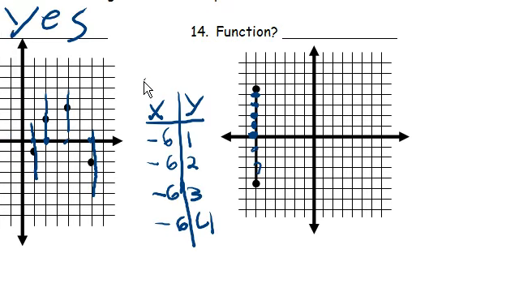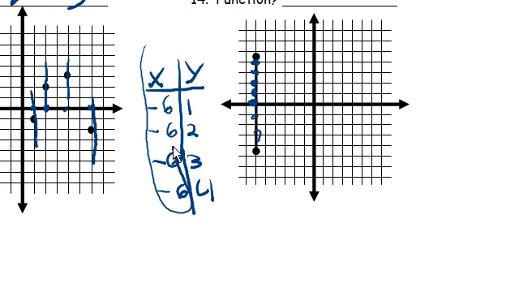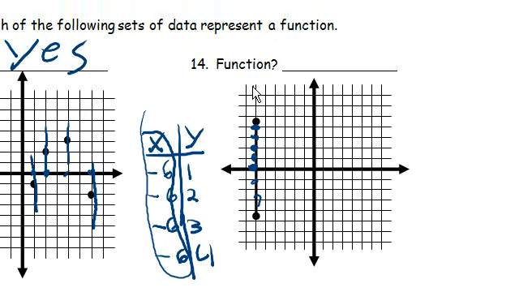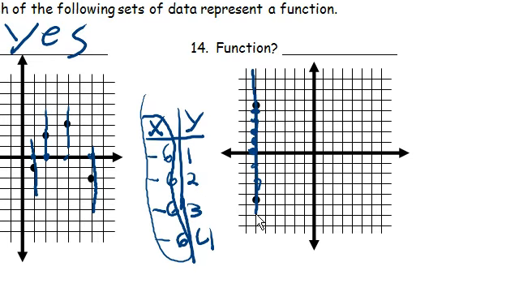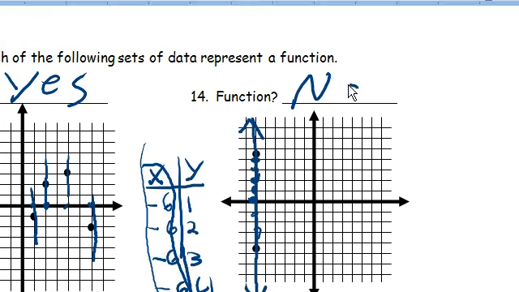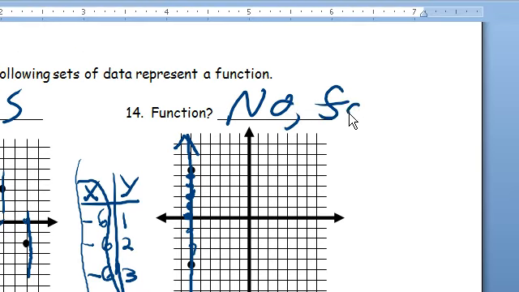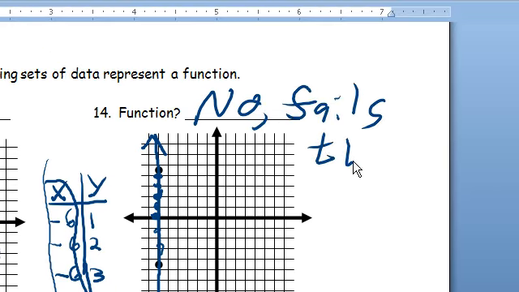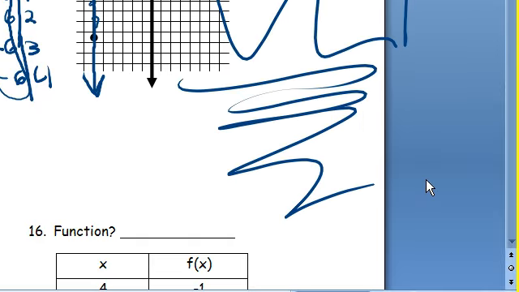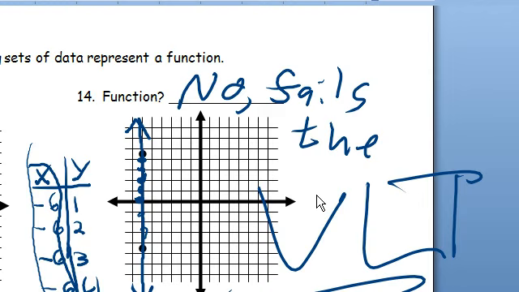So we see that, look, does the domain repeat? Yes, the domain repeats. So let's apply the vertical line test. Oh, and look at that. When I draw a vertical line through that vertical line, it intersects it at more than one point. So is this a function? No, it fails the vertical line test.